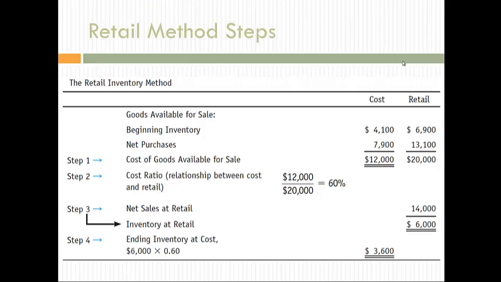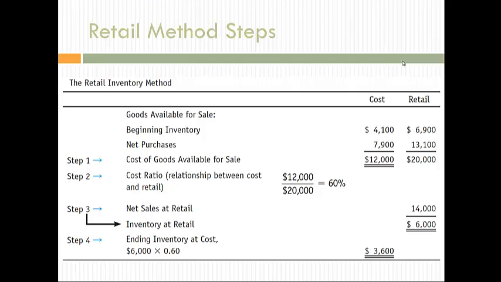Step 3 is to subtract net sales at retail from merchandise available for sale at retail. Remember, net sales at retail is one of the numbers we have to know in order to do this, so that number is given as $14,000. We calculated merchandise available for sale at retail in step 1 to get $20,000.